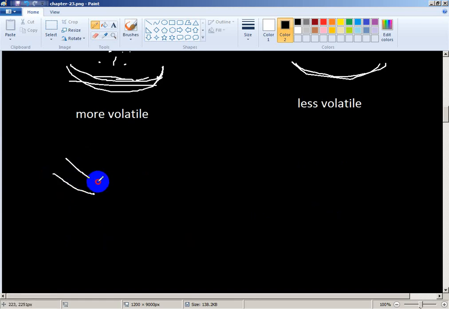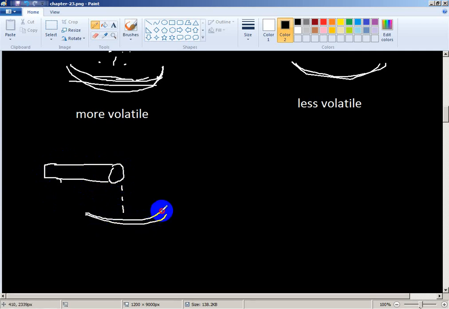So smaller chain molecules are runny, they flow. Longer molecules are sticky.